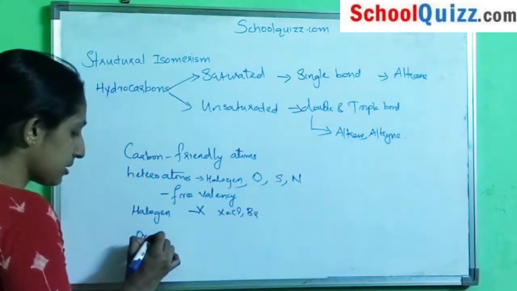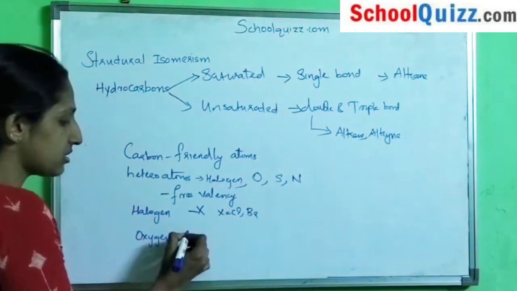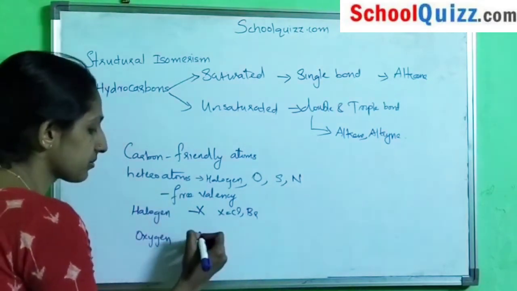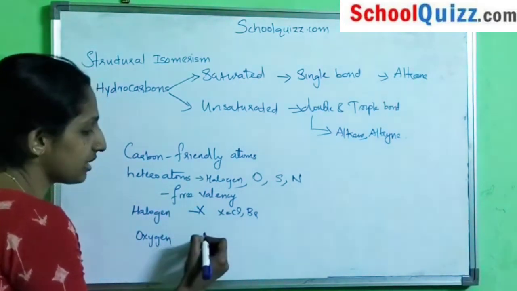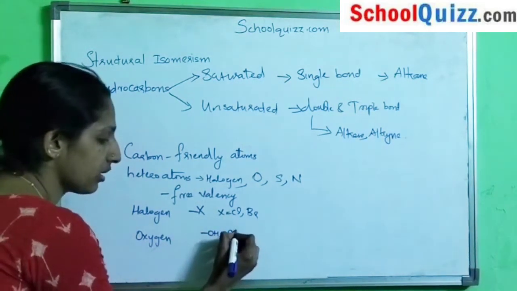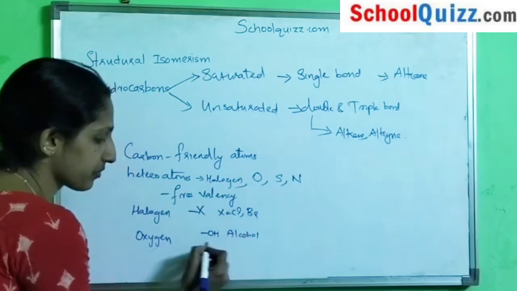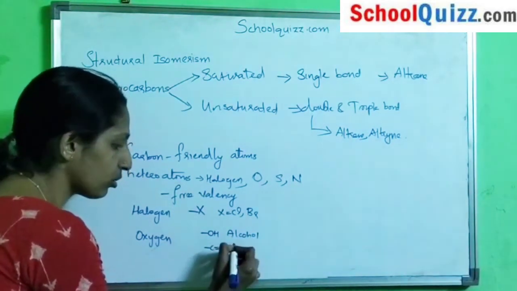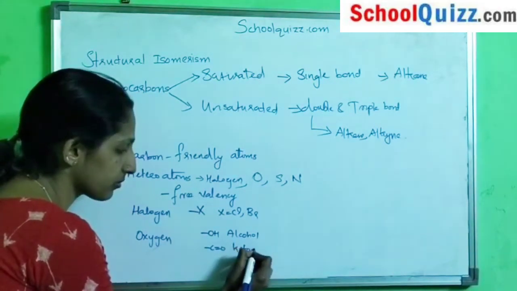The next heteroatom is oxygen, and this oxygen comes under various categories. It can occur as an alcohol, which contains an OH group. It contains a C double bond O, it is called a ketone.